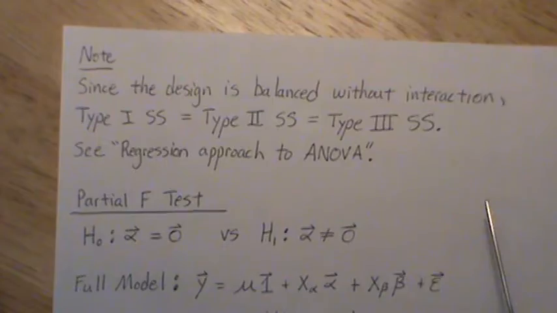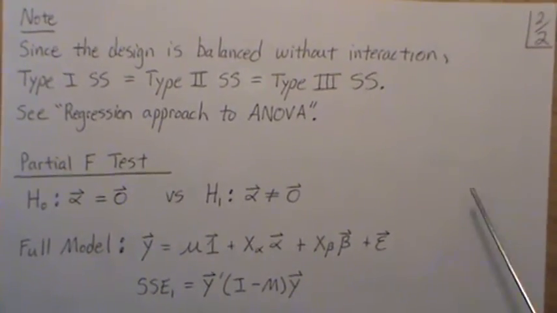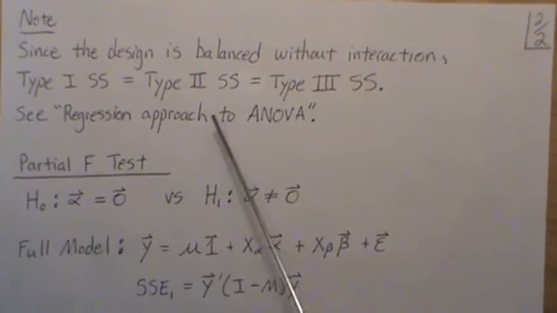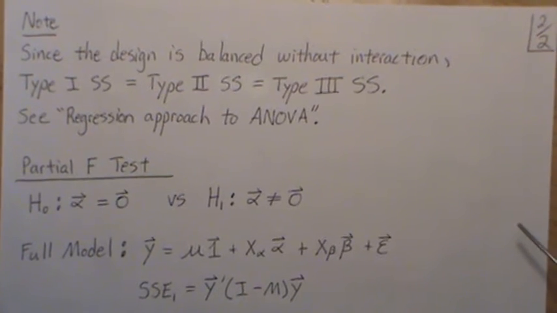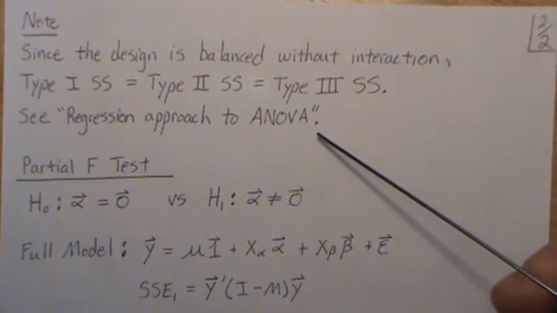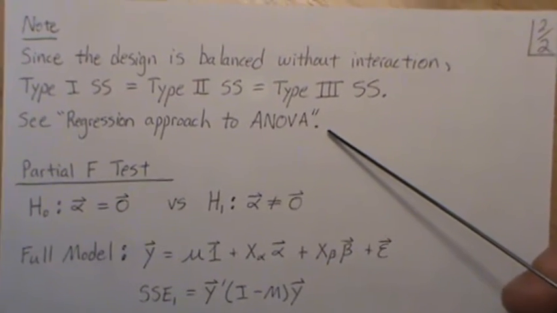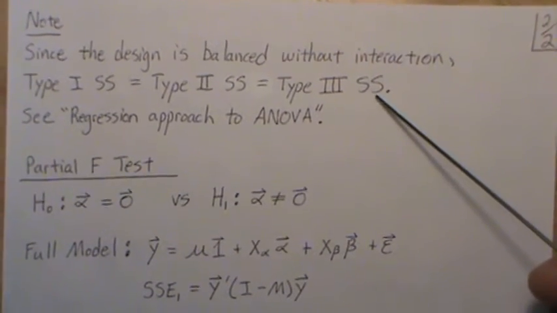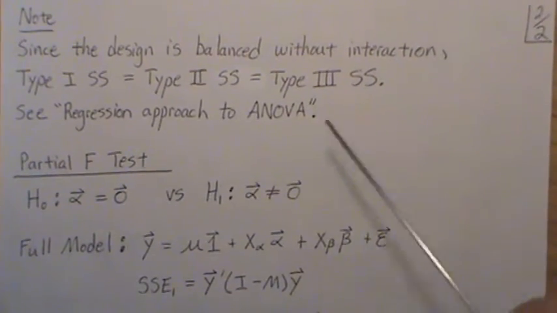And in that case, note, since the design is balanced without interaction, those type 1, 2, and 3 sums of squares are equal. Now, I'm going to point you back to a playlist I called Regression Approach to Anova, where we looked at that and showed that to be true.